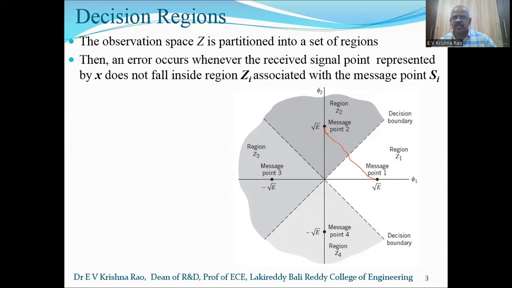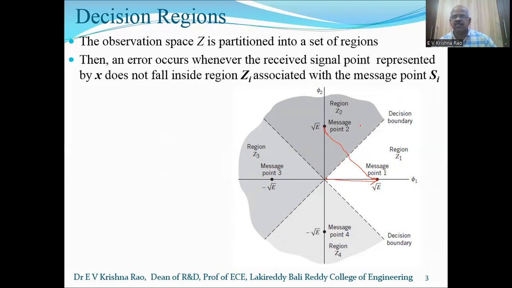As long as the received vector lies within the boundary region Z1, there would not be any error, because in decision making the received message will be taken as message point 1, s1.